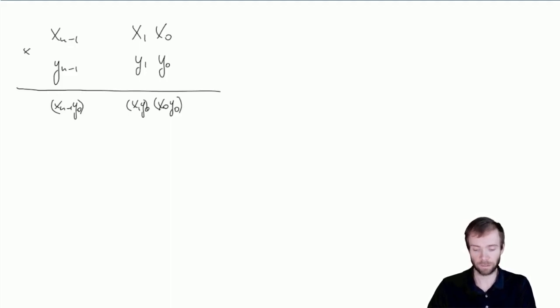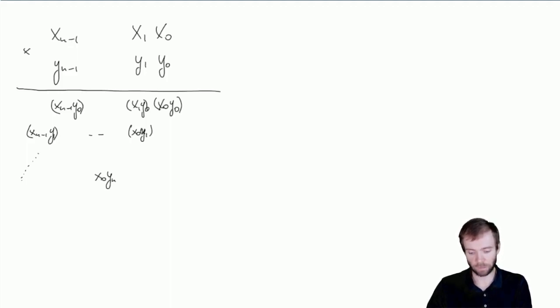The bits of the second number start from x0 y1, and so on, up to xn minus 1 y1, and so on and so forth. So we'll have a ladder of these numbers. The last of them would be x0 yn minus 1, starting in this column, and so on.